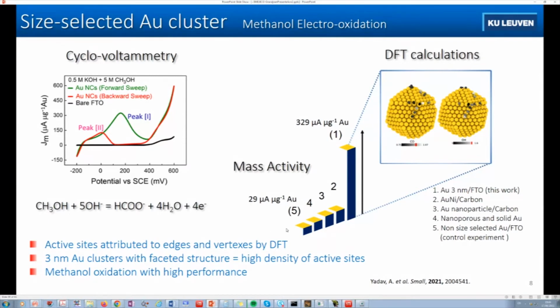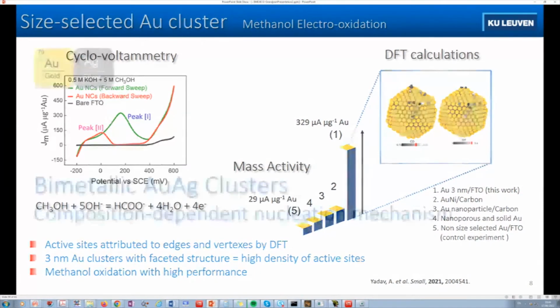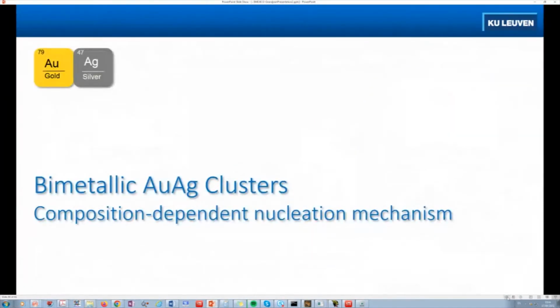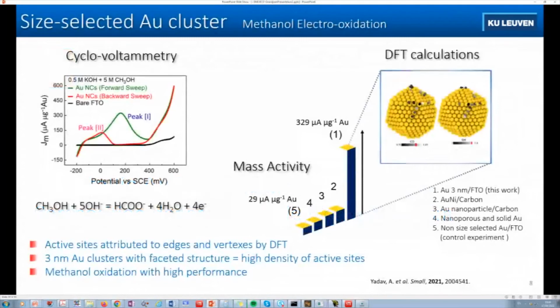So now the question was, what is the reason for this activity? So we went to the DFT group. The idea was to calculate, because there are not so many possibilities with gold, probably the shape of the surface is the very important point.